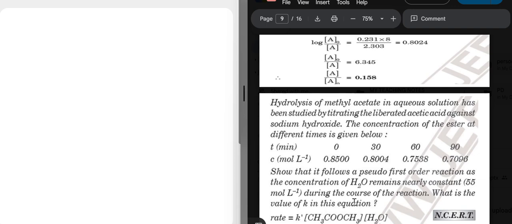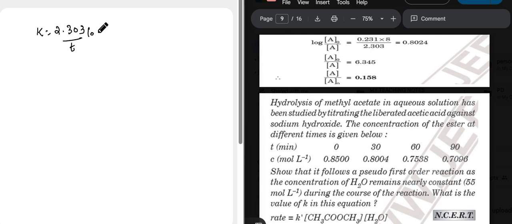So for pseudo first order reaction, we can apply the first order rate law, K is equal to 2.303 by T log R0 by R, because it looks like a first order reaction. This value of K will be a constant value if you are applying a first order equation.